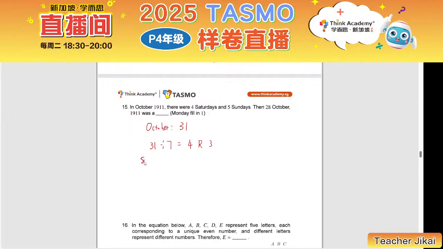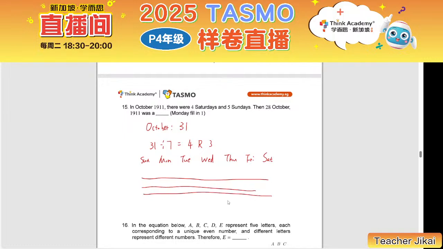We have Sunday, Monday, Tuesday, Wednesday, Thursday, Friday, and Saturday, and we have first week, second week, third week, and fourth week. We have 4 weeks here, and where should we put the 3 days? If we put the 3 days here, we will have 5 Saturdays. It won't be the case.